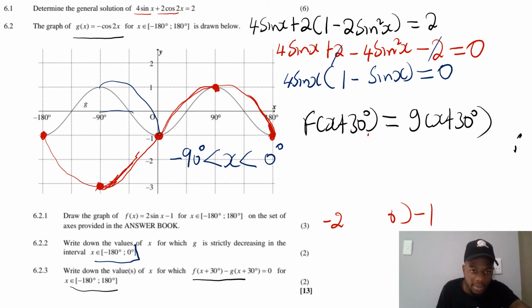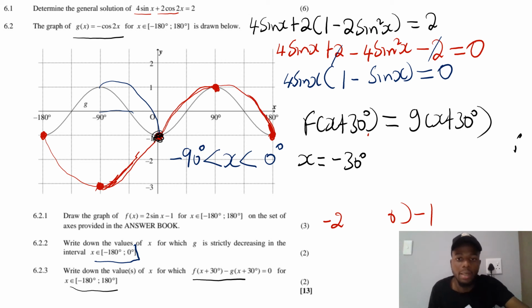So 0 degrees, because these two functions have been shifted 30 units to the left, instead of intersecting at 0 degrees, now it will be negative 30 degrees. Okay, because of that shift.